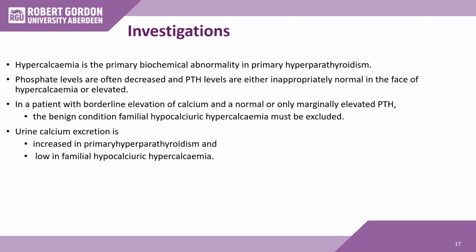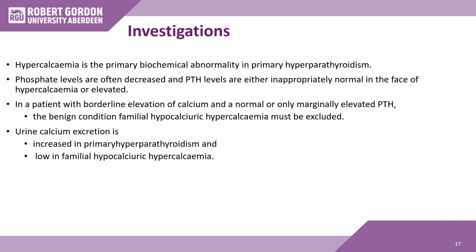So investigation is primarily of the biochemical abnormality, which will show hypercalcemia in hyperparathyroidism. Phosphate levels are often decreased and PTH levels are either inappropriately normal in the face of hypercalcemia or elevated.